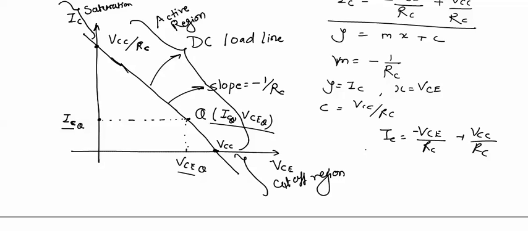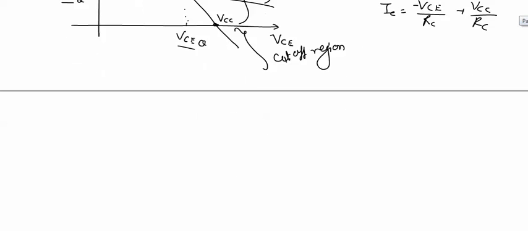So this was the load line. Now once the Q point of the transistor is fixed, means IC and VCE values are fixed, then it is expected that during operation these two values should not change. If these values change, Q point shifts on the load line.